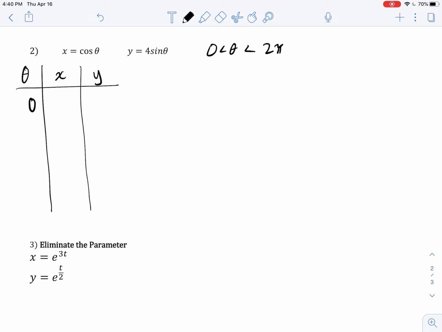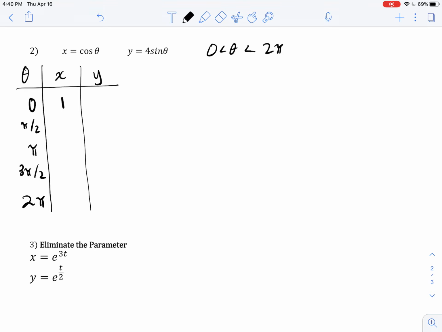So we'll start out with theta being equal to 0 radians, then pi over 2 radians, then pi, then 3 pi over 2, and then 2 pi. All right, so you'll notice these are all just the quadrantal angles. So now let's figure out what x and y are for each of these values of theta. So when theta is equal to 0, to find x, we would say cosine of 0, which should just be 1.